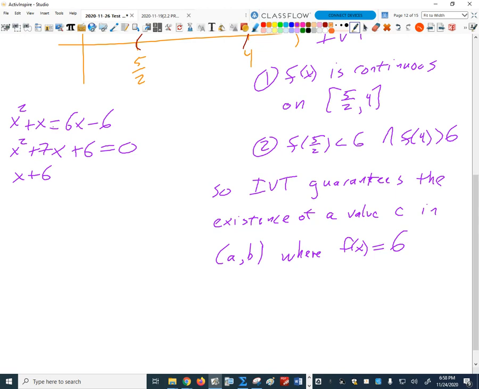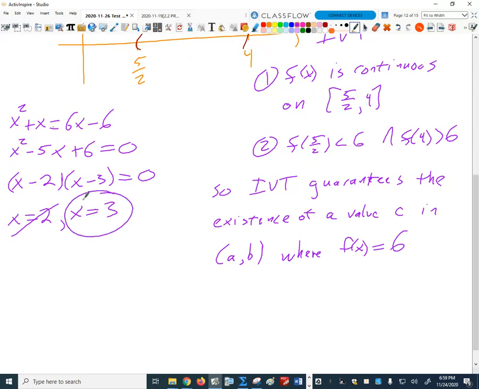Oh, no, I didn't do that right. Nope. It should be x squared minus 5x plus 6 equals 0. Now if I factor, I'm getting x minus 2 times x minus 3 equals 0. So we get x equals 2 and x equals 3. And of those two, only 3 lies in our domain, and so that's our solution, x equals 3.